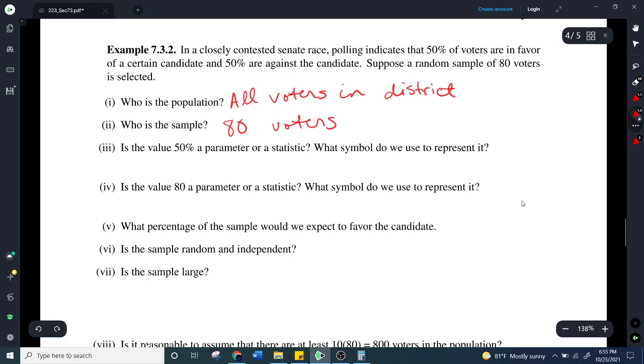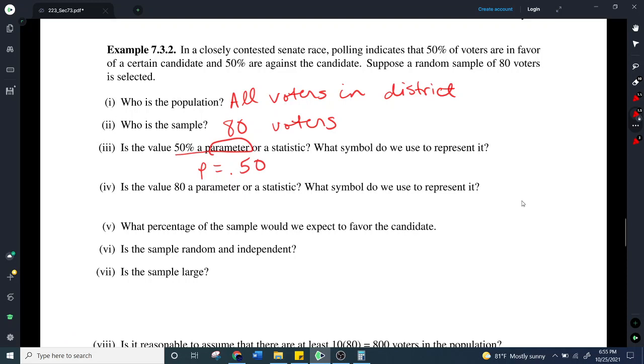Is 50% a parameter or a statistic? So polling right now indicates that we think 50% applies to everybody that's going to turn out and vote in that district. We think 50% are going to vote for this candidate. So that means that 50% is a parameter. And so the symbol we're going to use is P. So P equals 0.50. Is 80 a parameter or a statistic?